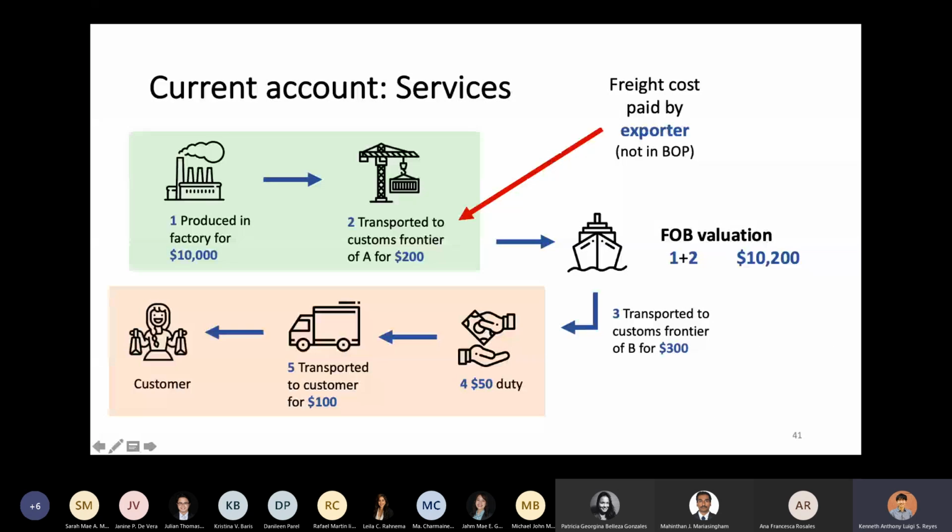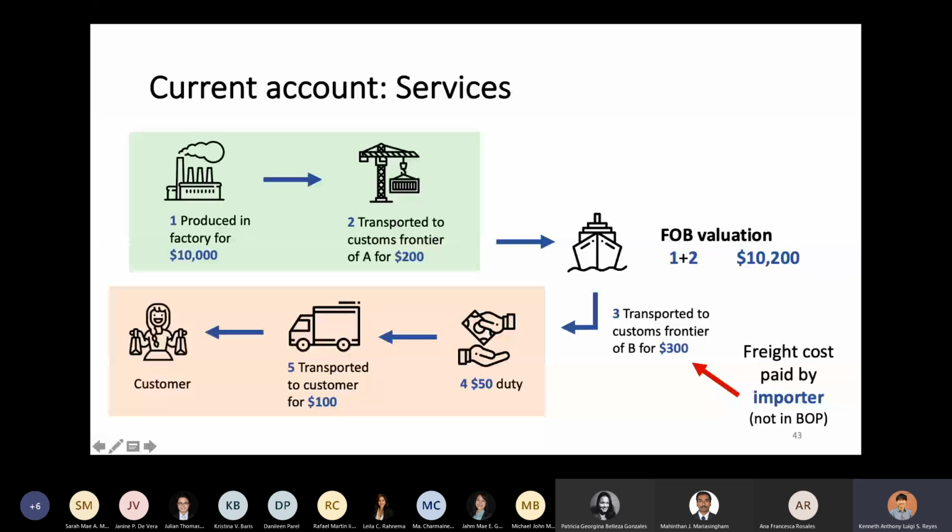So if either exporter or importer deviate from this arrangement, freight services have to be what's called rerouted for the BOP. For example, let's say that this is still paid by the importer, but according to their contract, the importer is responsible for actually transporting the good from the factory to the customs frontier.